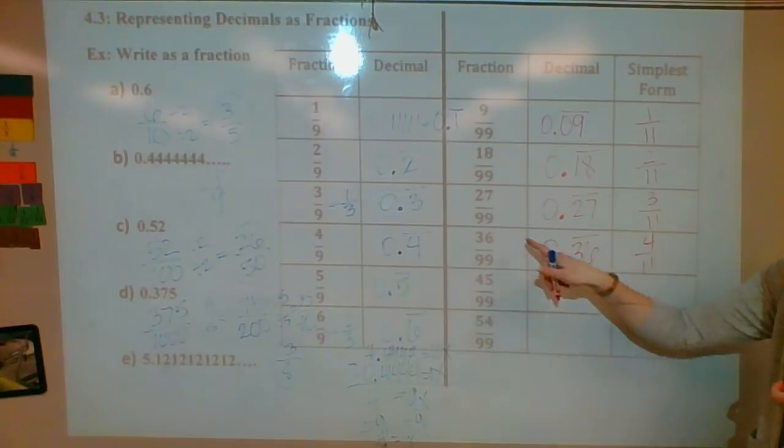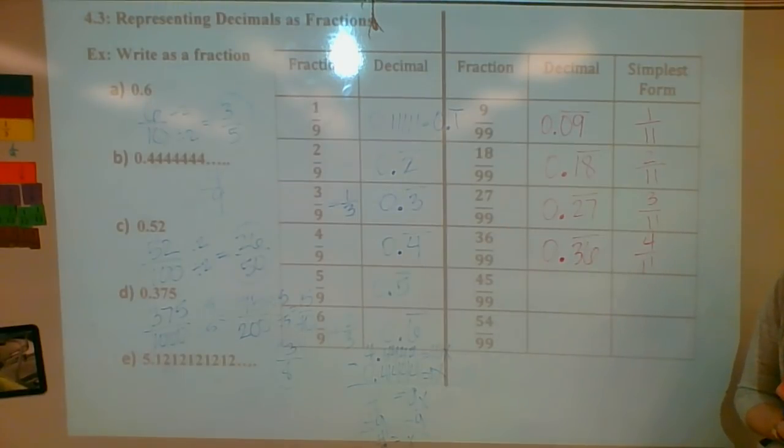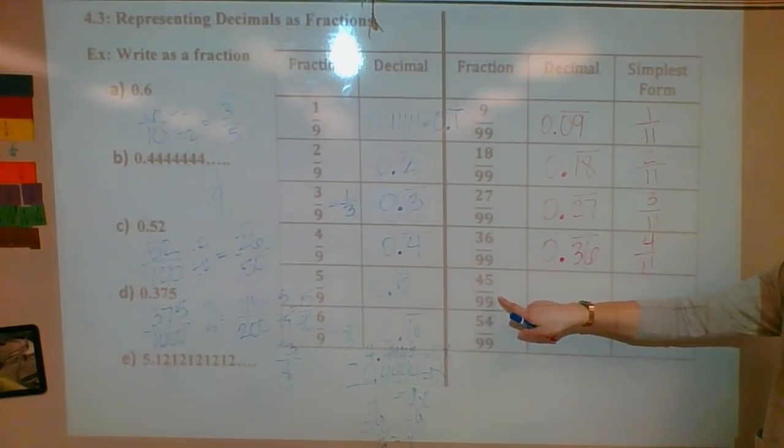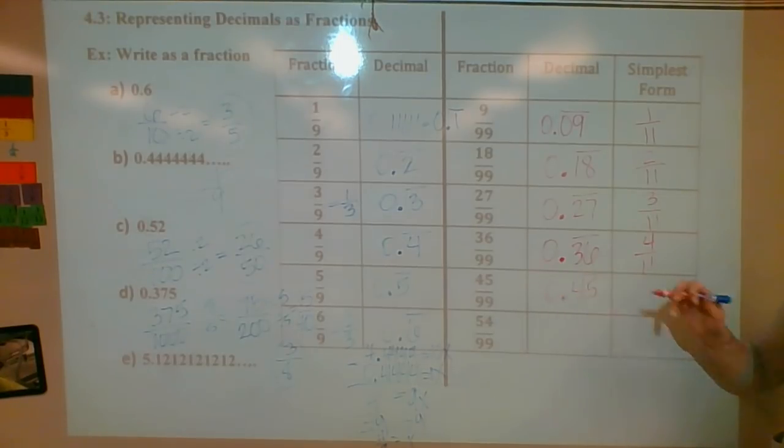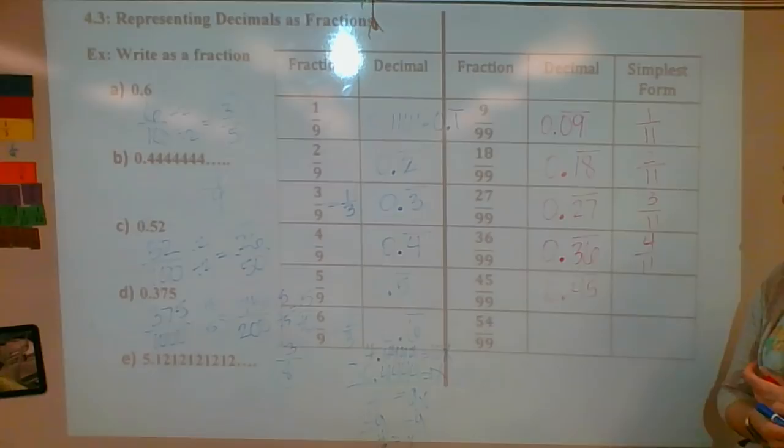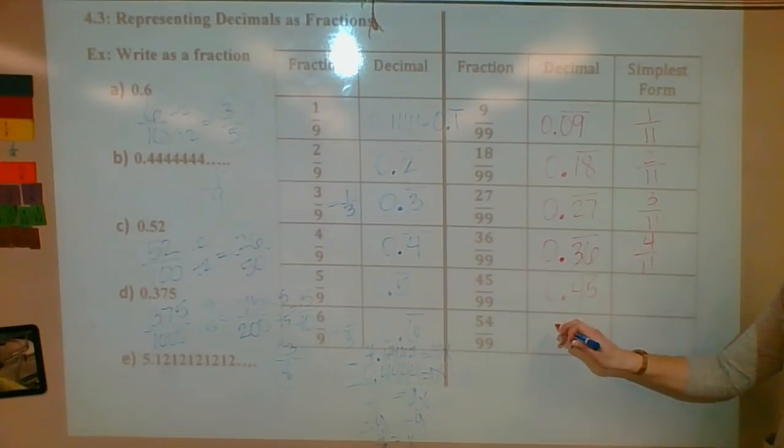So 9 isn't the only thing that will fraction on the bottom that'll make something repeat. It is possible if you see something divided by 11, that is something as well that will always make something repeat. On these last two, it'll follow the exact same pattern. If you try it in your calculator, 45 divided by 99, I should see the 4 and the 5 repeat, 45, 45, 45, and same thing with my 54.